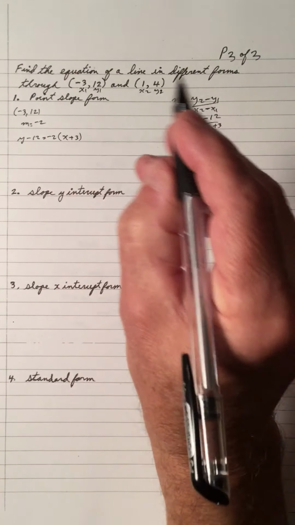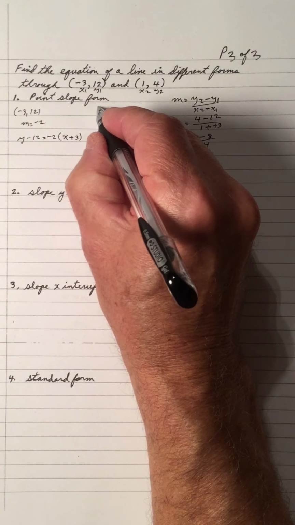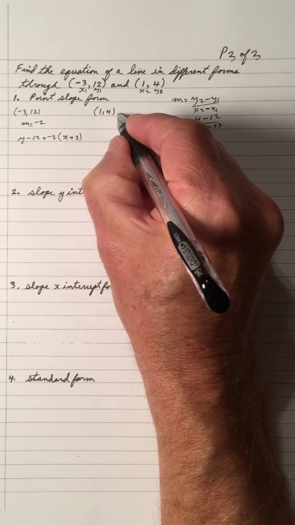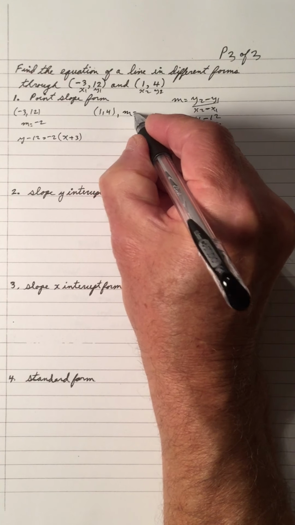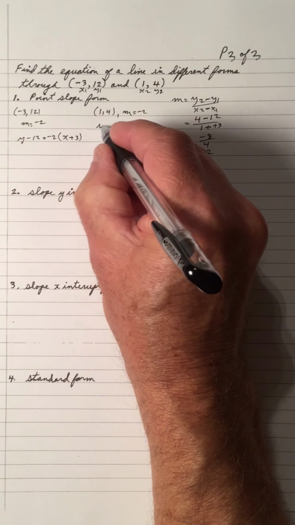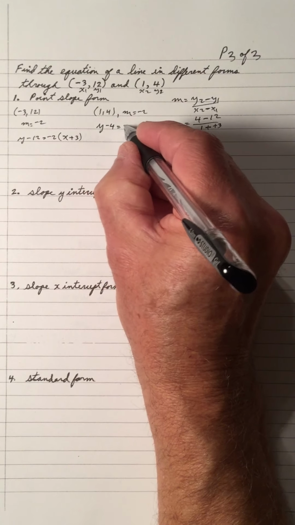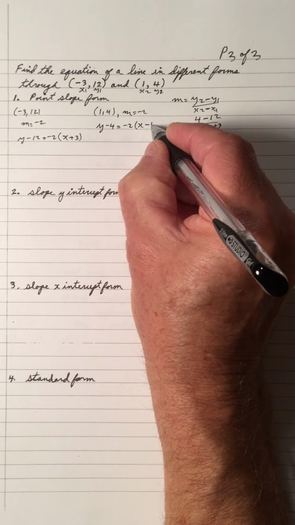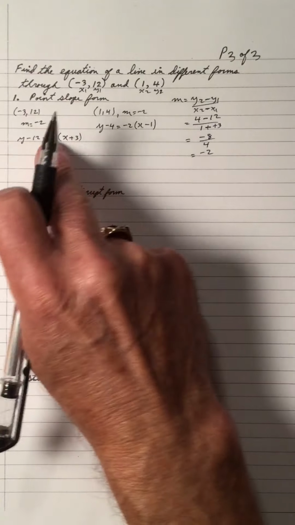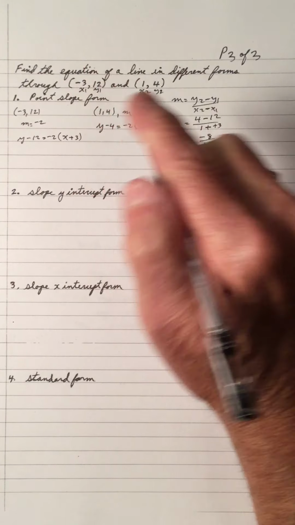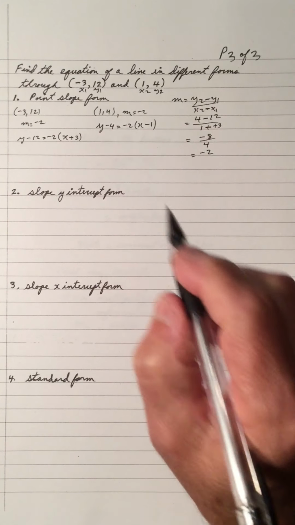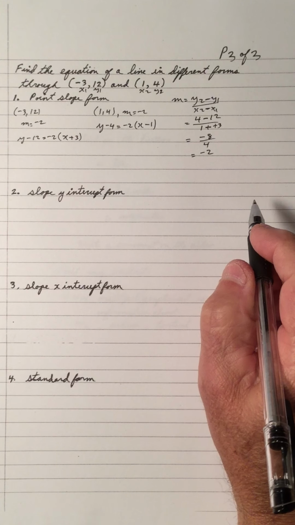And the slope is negative 2. Or I can take the point 1, 4, with a slope of negative 2. So y minus 4 equals negative 2 times x minus 1. Both of these equations will represent this line. Okay, that's the point slope form.